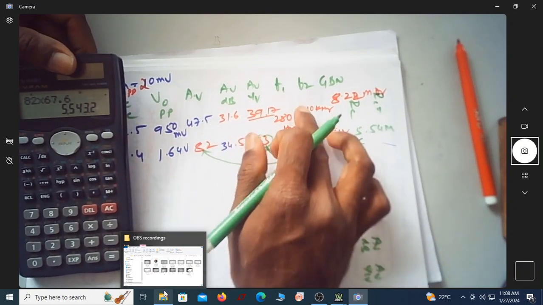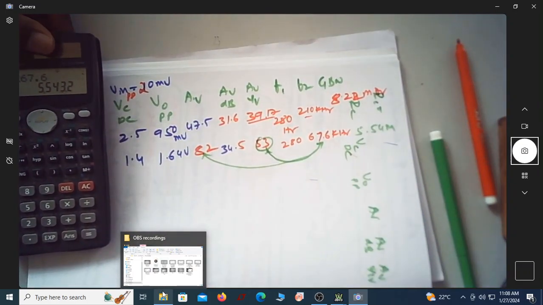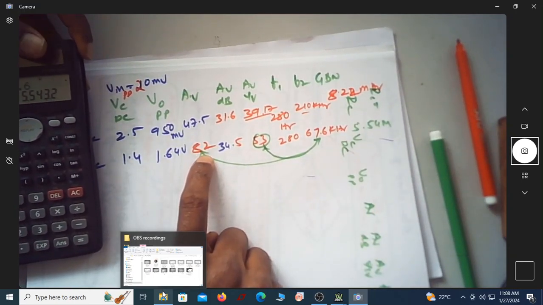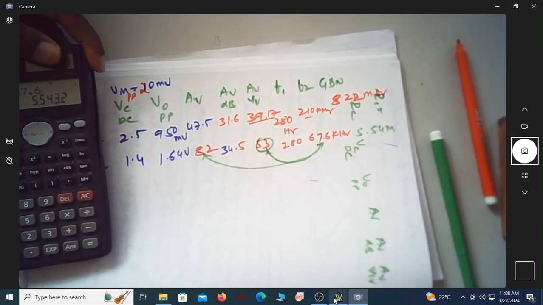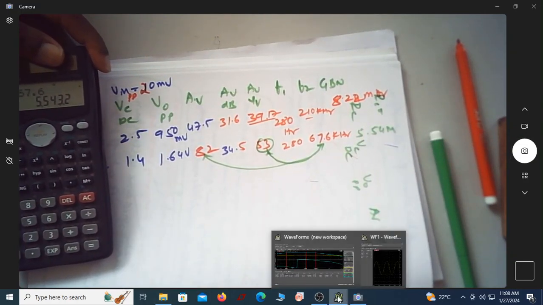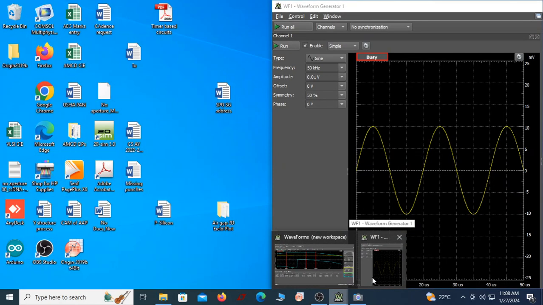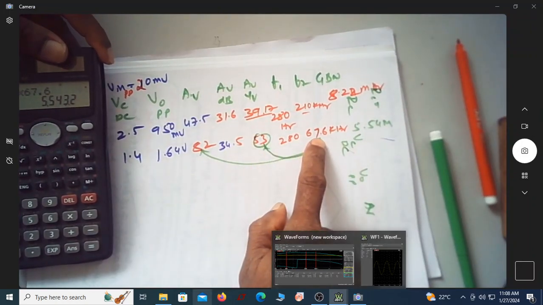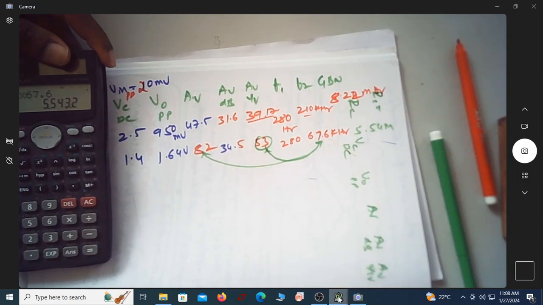Okay, let us multiply this and this. So gain has increased. Okay, what was the gain here? Let me again go back to this. This is increased and this has reduced.